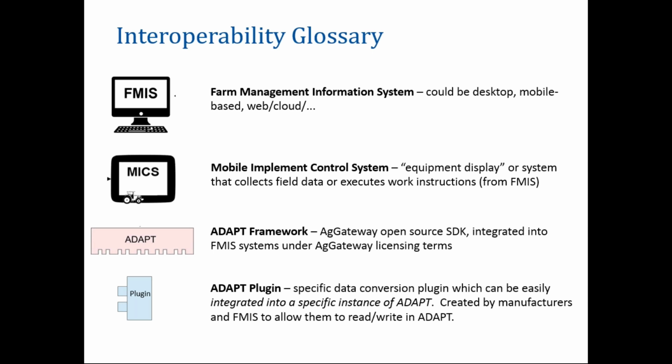And then there's the ADAPT framework itself. It's the open source SDK that everything else is based upon. And then the ADAPT plugin, which is actually the proprietary plugin that is built. There's an open source plugin and a proprietary plugin, and so I'll get into that detail.